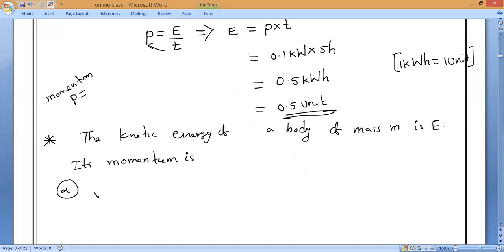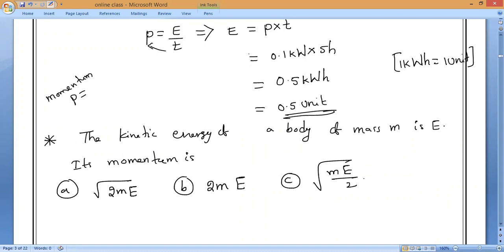Option A, root of 2mE. Option B, 2mE. Option C, root of mE divided by 2. And option D, 2E by m. So please think and do it. Don't simply do it, think and do it.